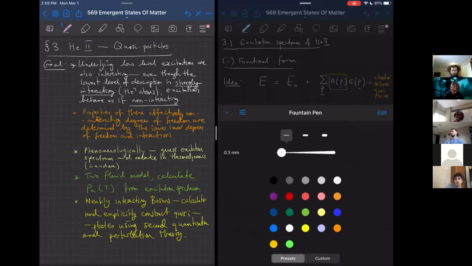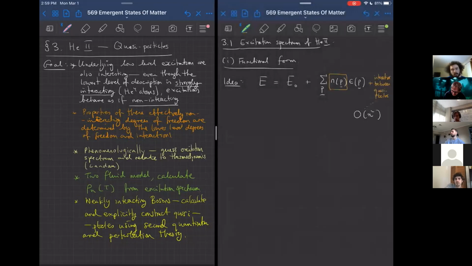So what this says is that this is like an ideal gas of quasi-particles, whatever they happen to be.